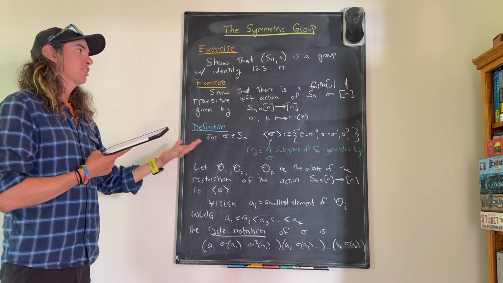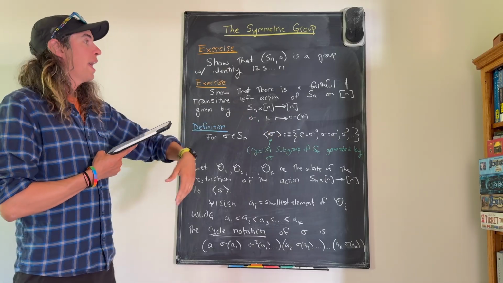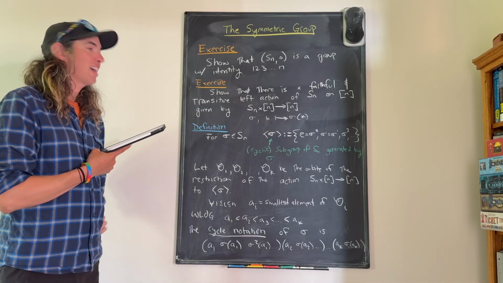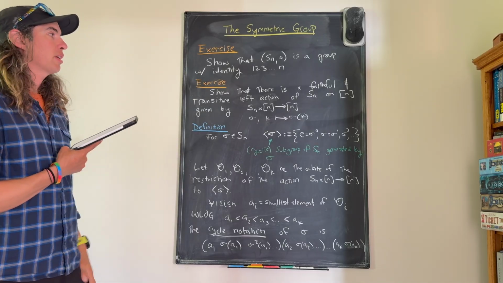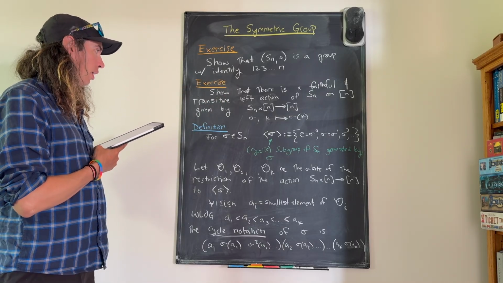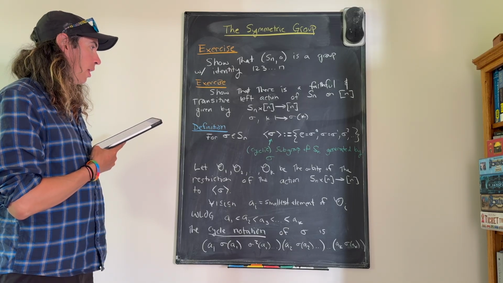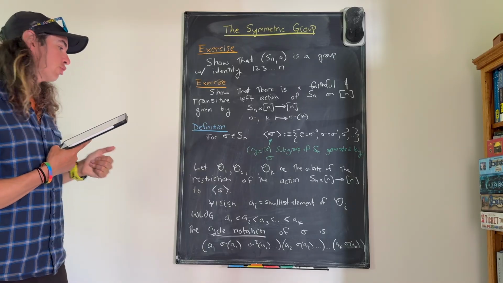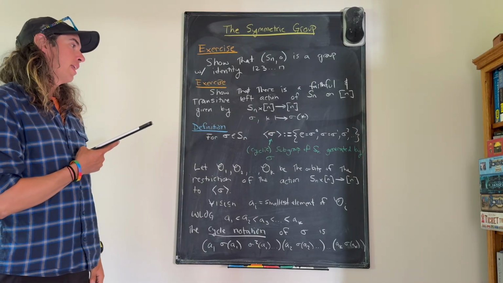The exercise is to show that this is actually a group action and that it is faithful and transitive. This is another great way to get your hands on the concepts and review them.